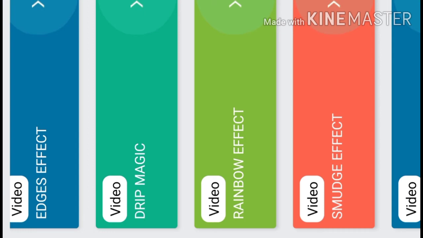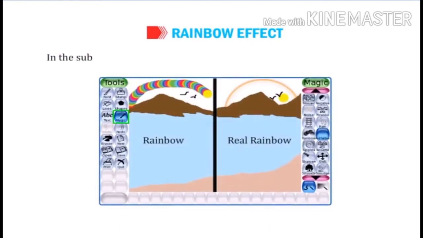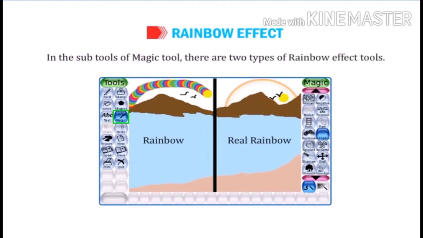Now we will discuss the rainbow effect. How to use the rainbow effect, students? Let's know. In the subtools of the magic tool, there are two types of rainbow effect tools.